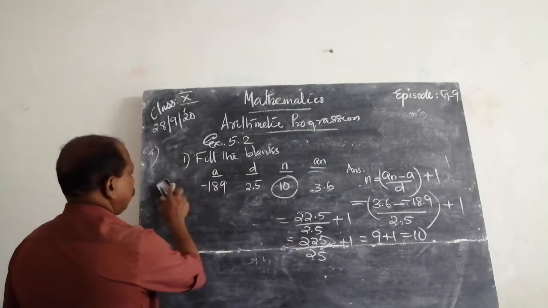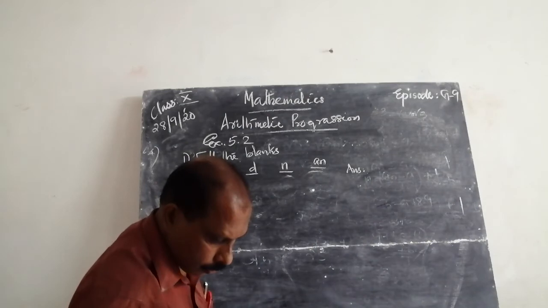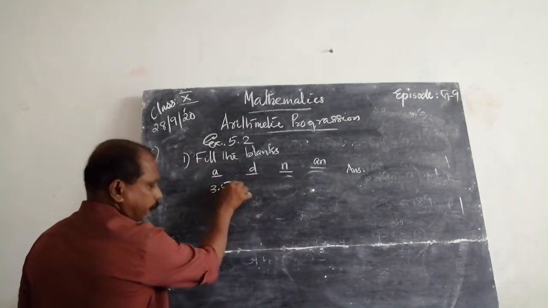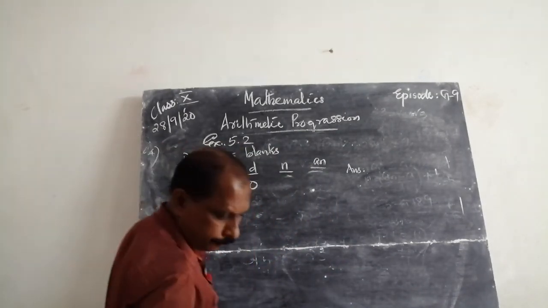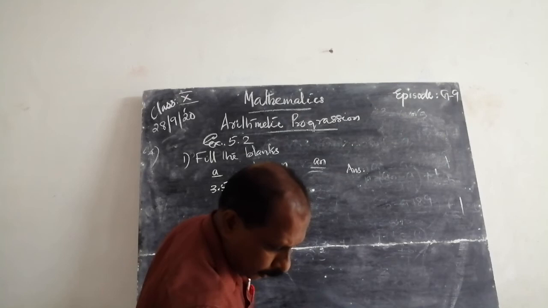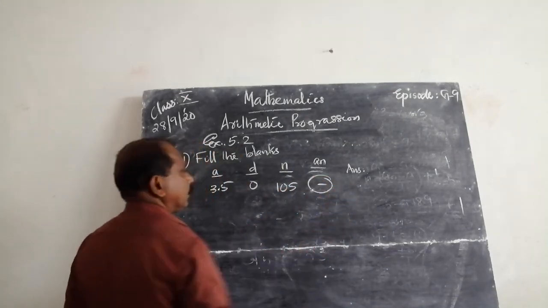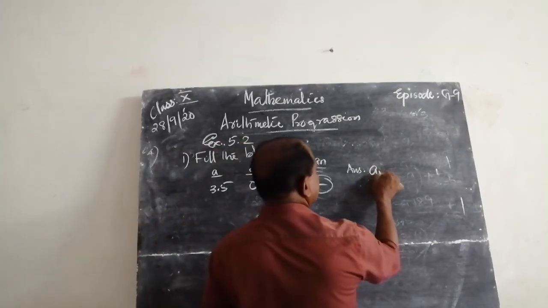Then, fifth question. First term 3.5, common difference 0, the number of terms 105. A N, that is missing. Then we know that A N is equal to what?